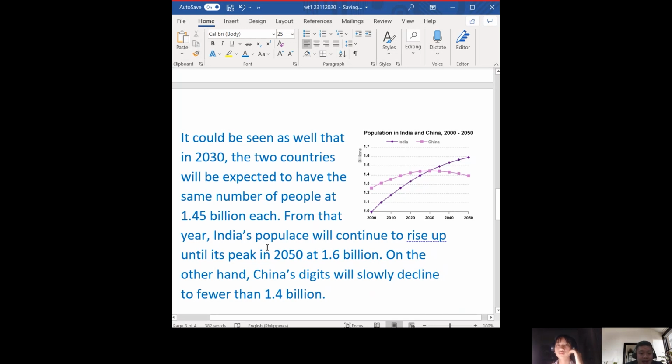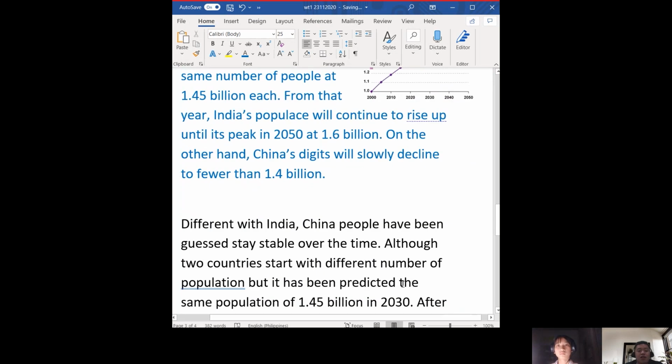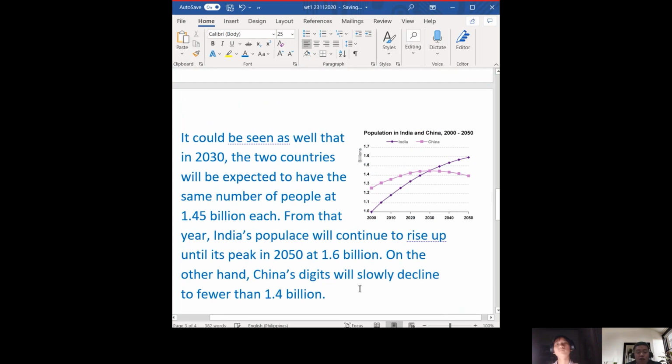From that year, India's populace will continue to rise until its peak in 2050 at 1.6. On the other hand, China's digits will slowly decline to fewer than 1.4. So that is actually your description from 2030 up to 2050.